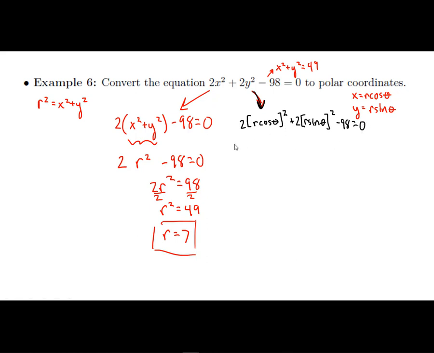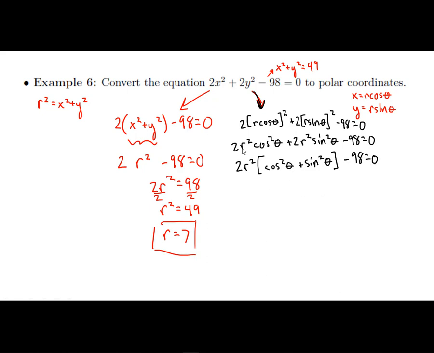And then as I square things here, I have 2r squared cosine squared theta plus 2r squared sine squared theta minus 98 equals 0. And then maybe at this point you'd realize, ooh, cosine squared plus sine squared, that's the Pythagorean identity. Maybe I'll pull 2r squared out so I get that Pythagorean identity, and that, of course, ends up equaling 1.